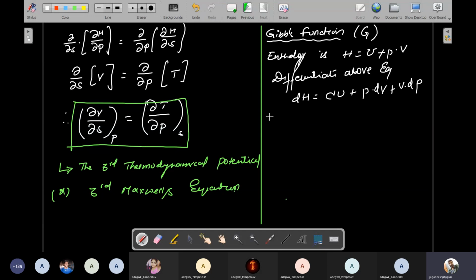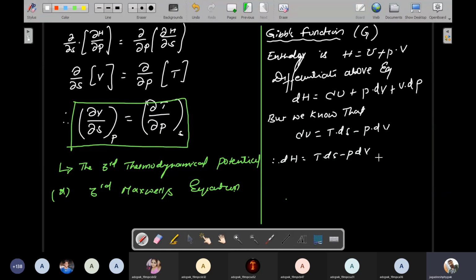But we know that dU is equal to T dS minus P dV. We already know this equation. Simply substitute this in terms of dU. Therefore dH is equal to T dS minus P dV plus P dV plus V dP.